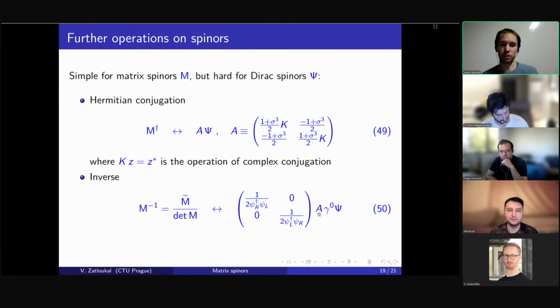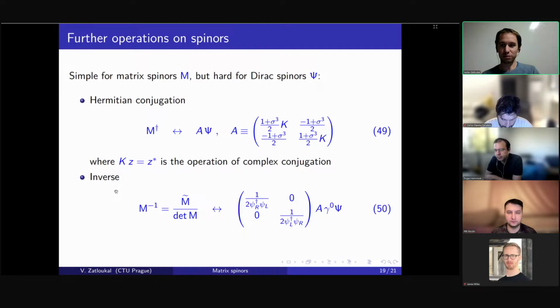So for instance, if you take the Hermitian conjugation of a matrix, then this is given by this kind of complicated expression on the level of Dirac spinors, which involves some complex conjugation and some reshuffling of the components of the Dirac spinor.